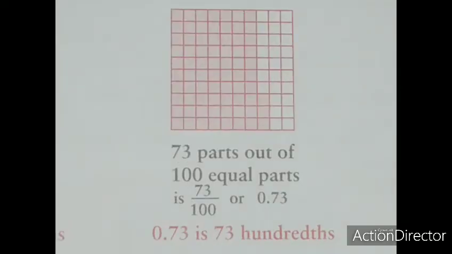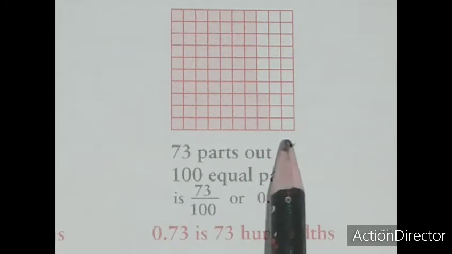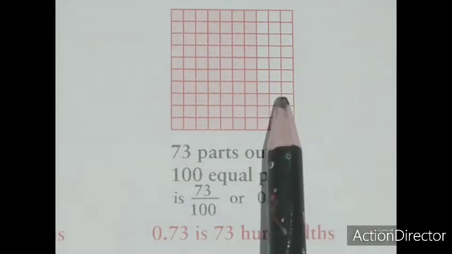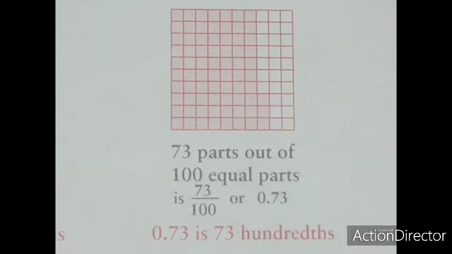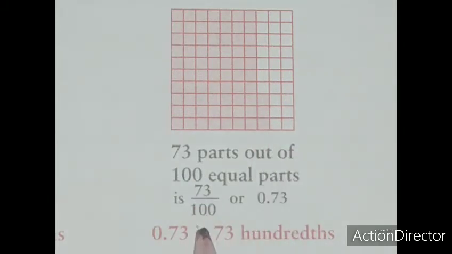Now here we take another example. There are a total of 100 equal parts here, and we make 100 equal parts of this one whole box, right? So there are a total of 73 shaded parts out of 100. So here we write 73 upon 100, or in decimal as 0.73.